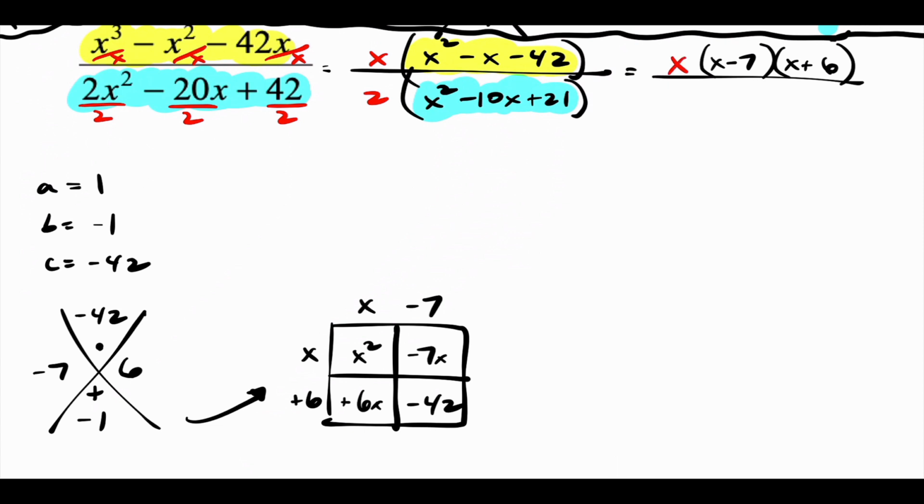Okay, GCF is still in front. Always in front. That was the yellow. Now let me do the blue. A is 1, B is -10, C is 21.